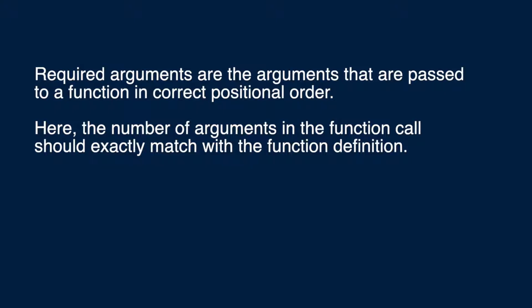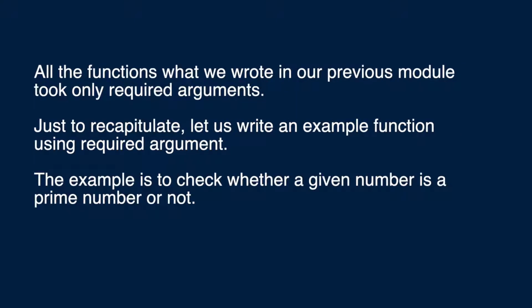Here, the number of arguments in the function call should exactly match with the function definition. All the functions we wrote in our previous module took only the required arguments.